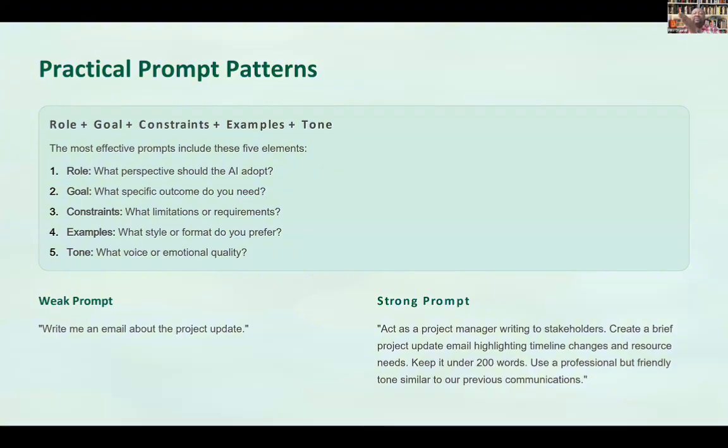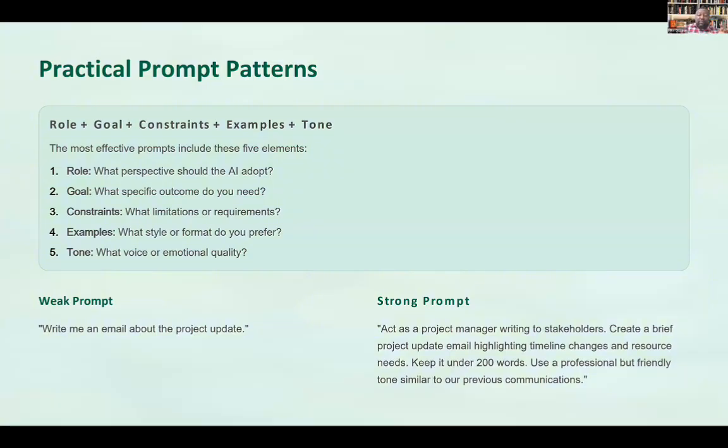Act as a project manager, writing to what kind of stakeholders? Create a brief project update email highlighting timeline changes and resource needs. Keep it under 200 words. That means it must not exceed 200 words.